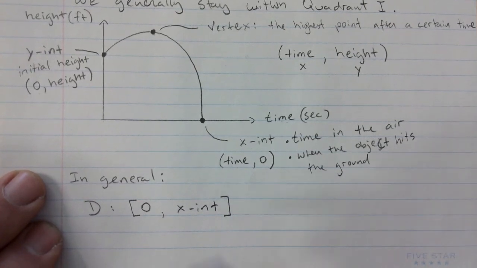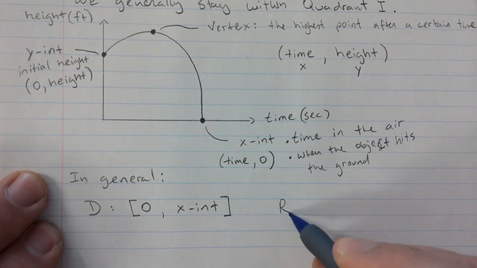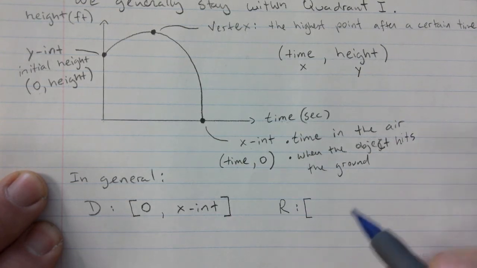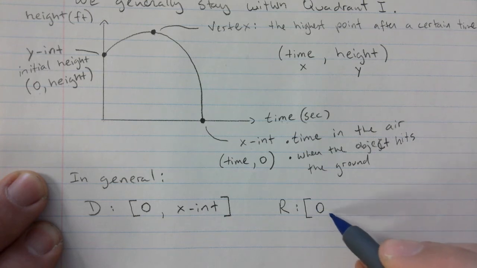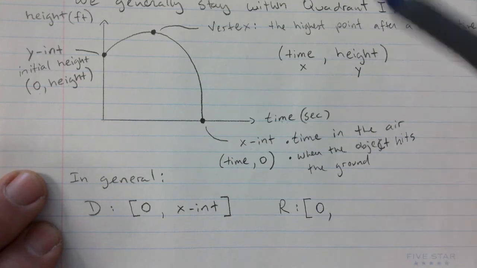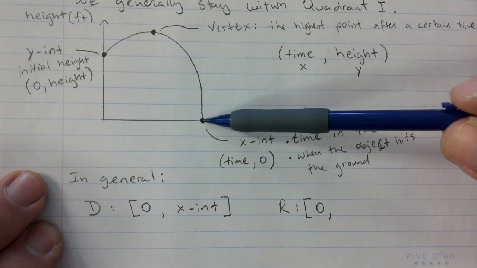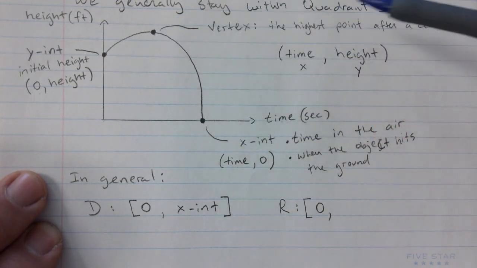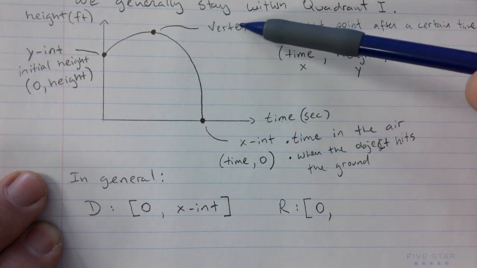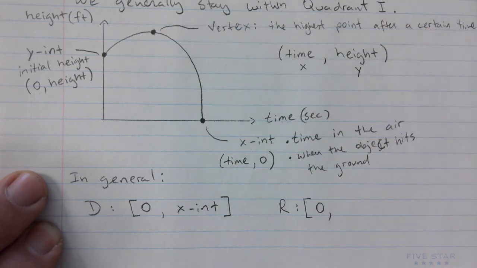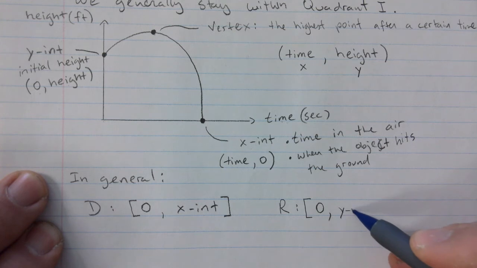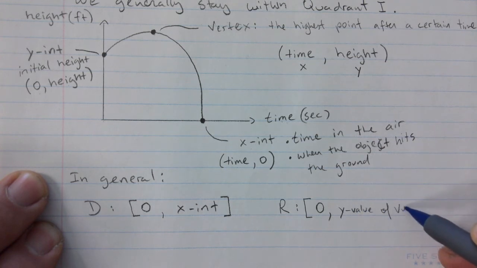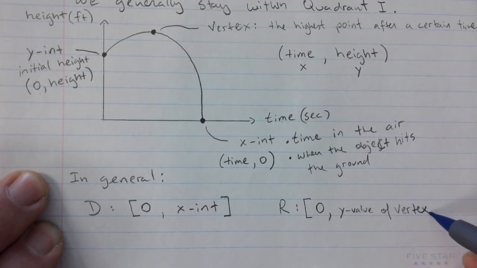And your range is going to be from 0, because you do hit the ground in this case, all the way to the y value of the vertex, because that's the highest point. So I'll put down the y value of vertex.